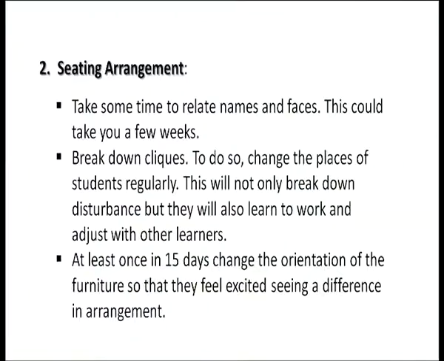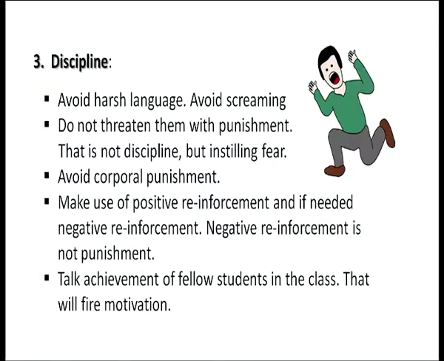This would not only break down disturbance, but they will also learn to work and adjust with other learners. So there is social interaction, social learning that's taking place. At least once in 15 days, change the orientation of the furniture so that they feel excited seeing a different arrangement in the classroom.